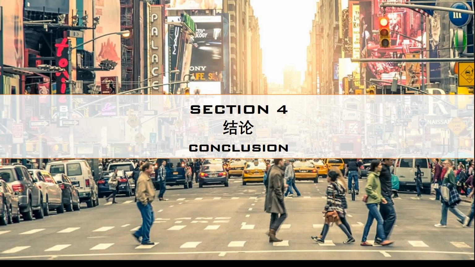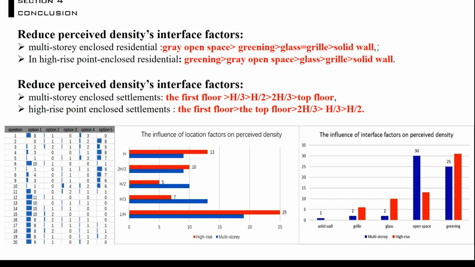The last part is conclusion. We found the interface factors and the position factors have different effects on the multi-story and the high-rise point residential districts. Open space and greening are more beneficial to reduce the perceived density, in both the multi-story and the high-rise point housing.